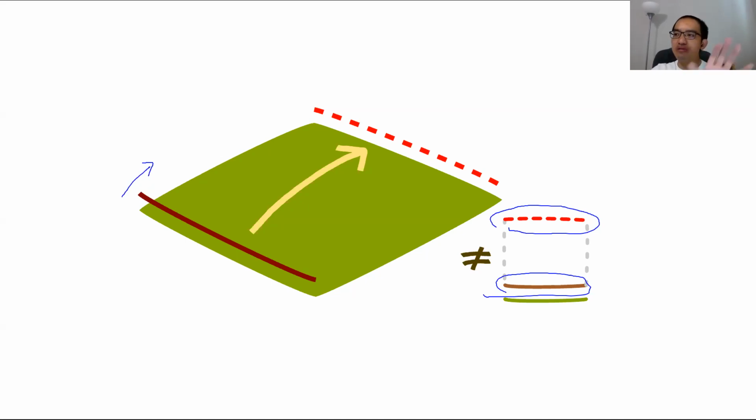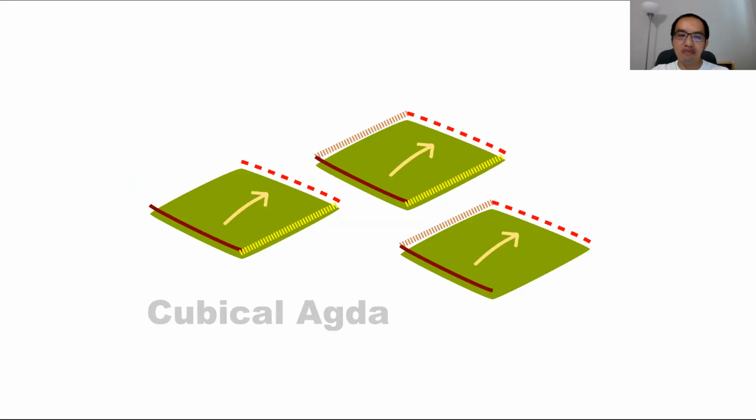This operator together with the previous operator will give us enough structure to make sure that we have enough paths in the type definition that we have. But this is not the end of the story. For different cubical type theories, we actually have different kinds of coercion. In Cubical Agda, for example, you must go from 0 to 1, but you can also specify some kind of extra constraint when you're doing the coercion.